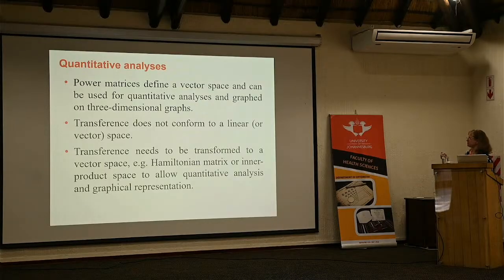And we cannot simply average symplectic matrices because the result will not be symplectic. So we need to use a little bit of a trick, and that is to transform the transference into a vector space, for example, by using a Hamiltonian matrix or an inner product space. That will then allow us to do quantitative analysis with the Hamiltonian matrices, and then convert them back to a symplectic matrix.